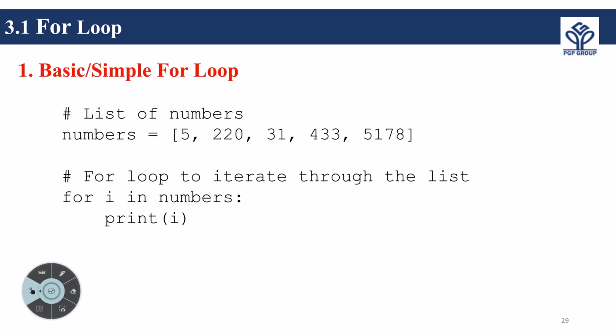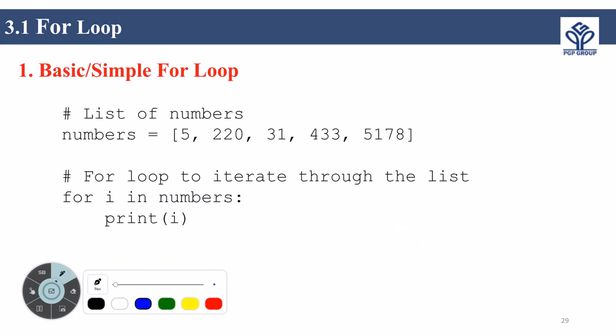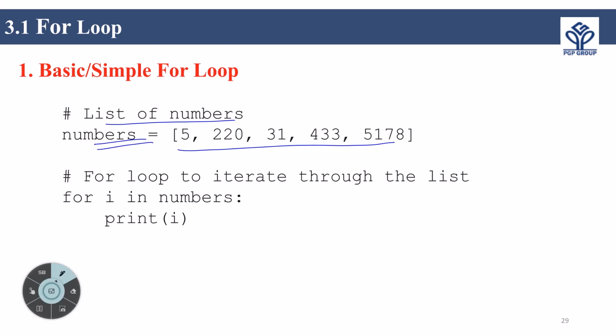Next one, basic simple for loop example. A list of numbers, okay. We assign numbers to store the elements in a list: 5, 220, 31, 432, 5178. After assigning, we use a for loop to iterate through the list.